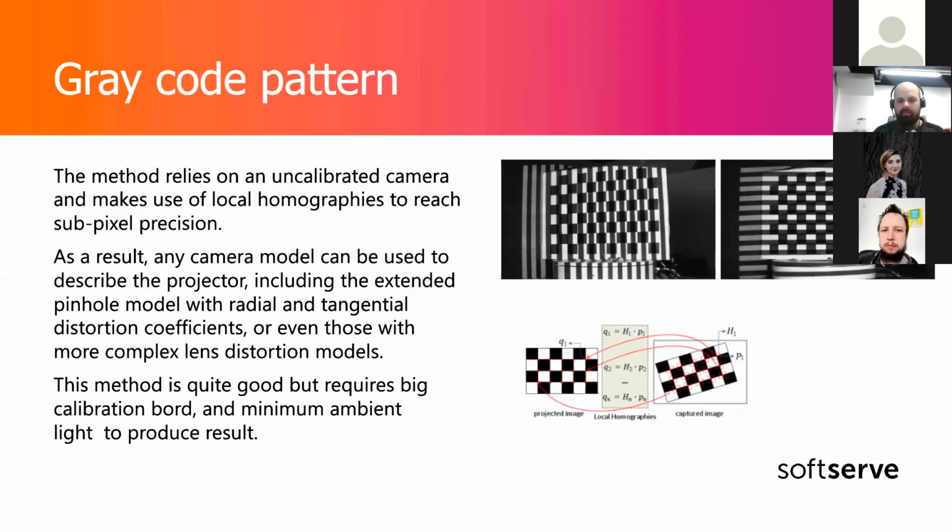So they are calibrated in parallel, because we are finding those homographies between the images, and each row and column of the projector DLP or projector matrix has homographies to some pixel group on the camera.